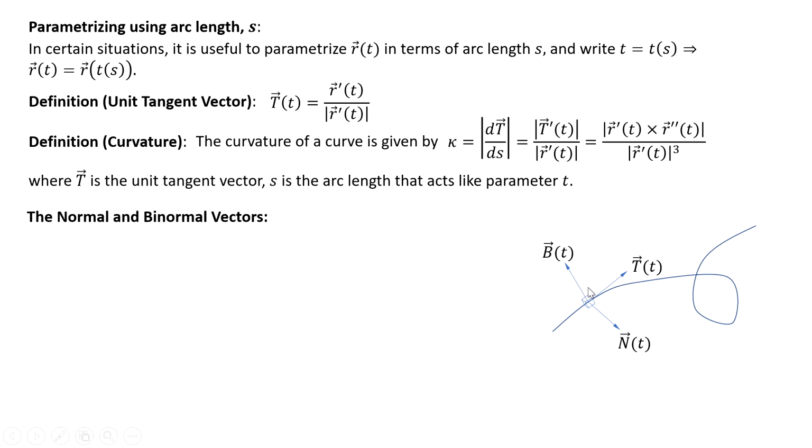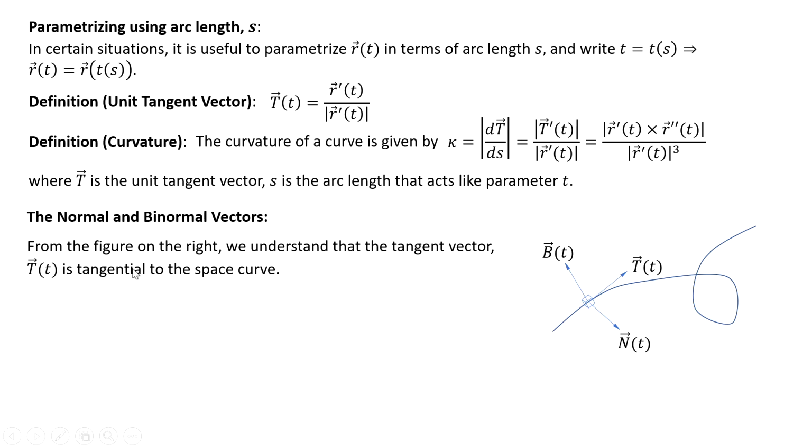Now, perpendicular to that tangent vector, there is a vector called N of t, and that's the normal vector. What's the relationship between T and N? They're perpendicular to each other. Well, aren't there an infinite number of vectors that are perpendicular to T? Yeah, there are. But this N of t, the normal vector, has a certain special condition. From the figure on the right, we understand that the tangent vector is tangential to the space curve.